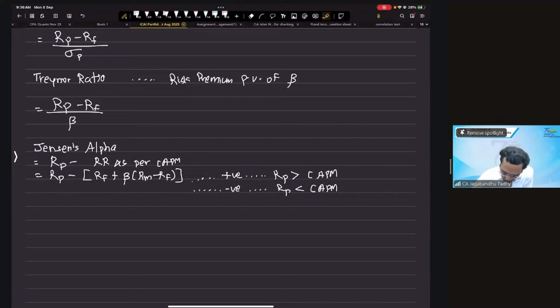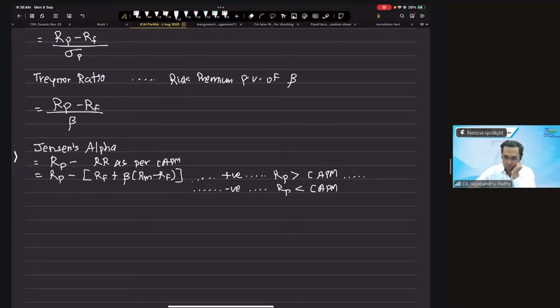If my return of portfolio is more than CAPM return, has the portfolio performed better or worse? It performed better. If your return of portfolio is more than the CAPM return, you can definitely say that the portfolio has performed relatively very good.